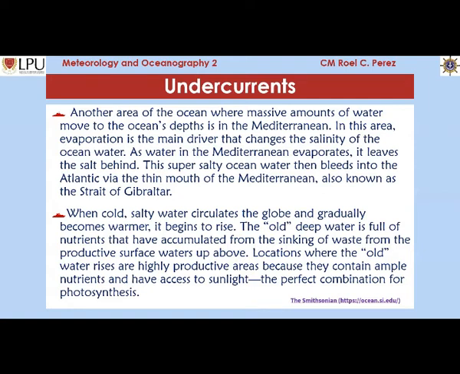It means evaporation is high in the Mediterranean Sea. So as water in the Mediterranean evaporates, it leaves the salt behind. This super salty ocean water then bleeds into the Atlantic via the thin mouth of the Mediterranean, also known as the Strait of Gibraltar.